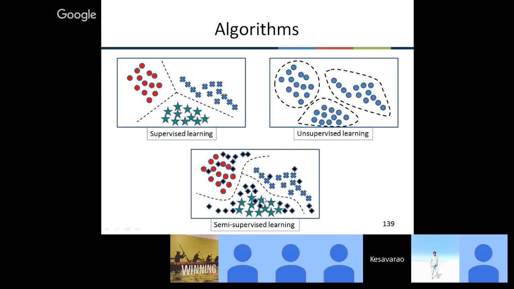Why we are calling it supervised here is because, at least object-wise, you're able to say, okay, anything square and red, put it here, anything square and star, put it here, anything square and plus, put it here.